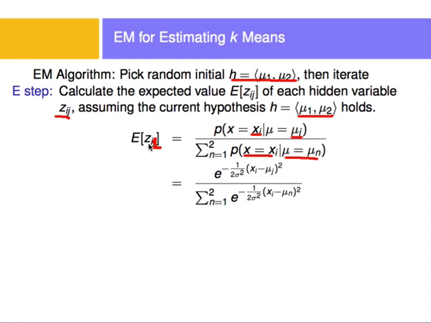So we will compute the probability that the first number came from the first distribution. Then we will look at the probability the first number came from a distribution with mean mu1, divided by the probability that this number came from that same distribution plus the probability that this number came from the other distribution. Okay?